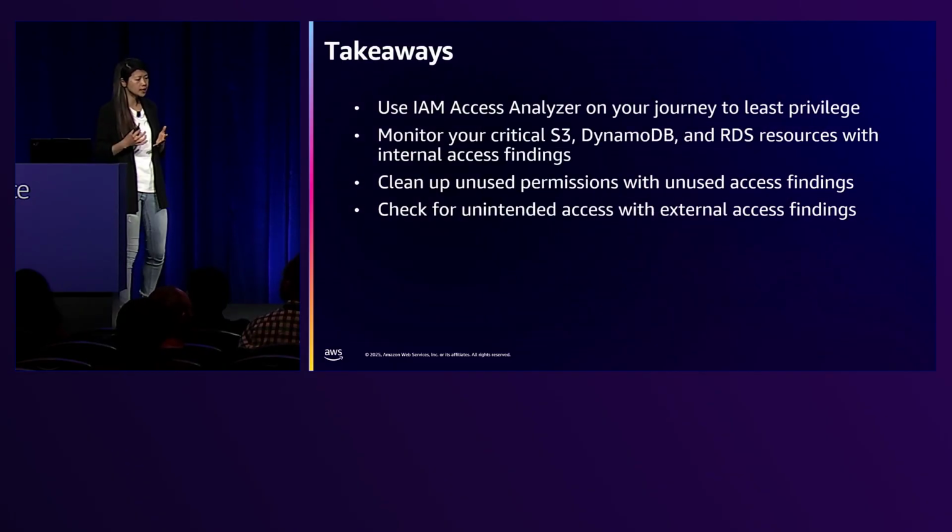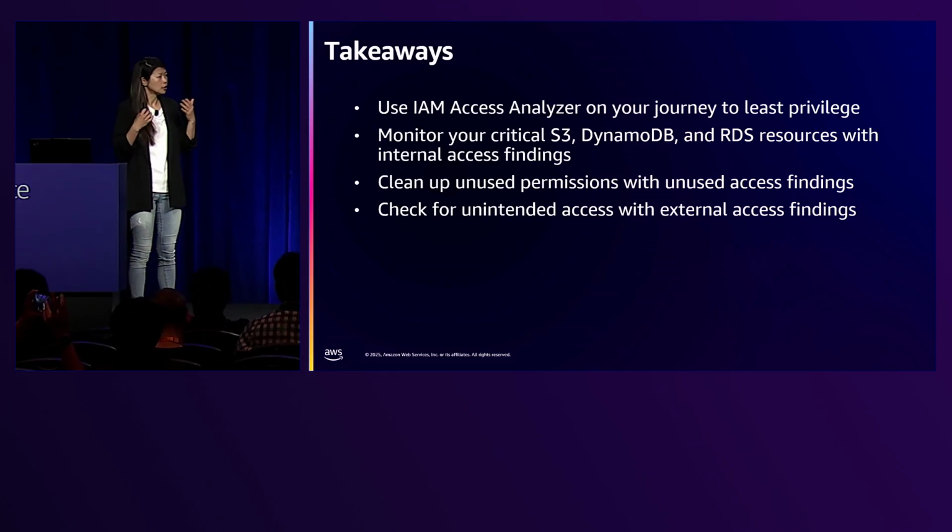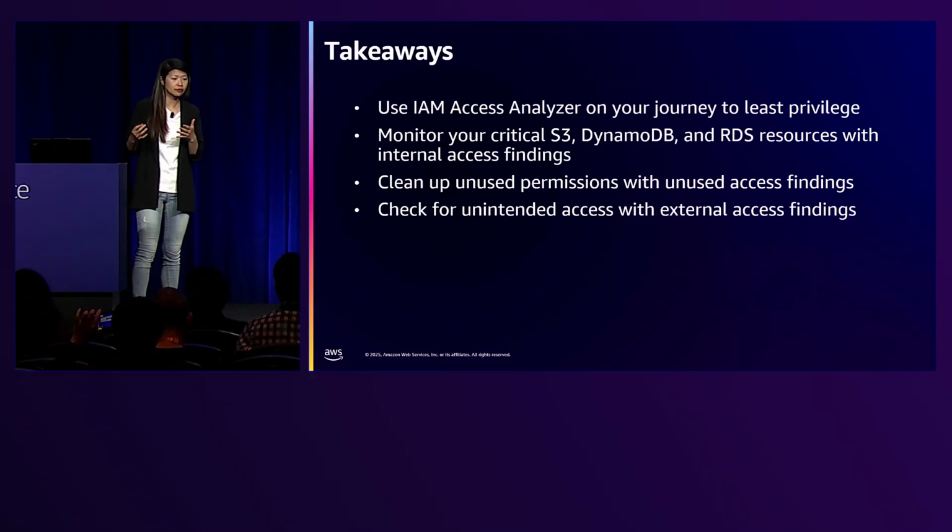So takeaways for today: IAM Access Analyzer has a number of features, all to help you on your journey to least privilege. Today we talked about the new internal access findings. Many customers have critical data in these 3 services: DynamoDB, S3, and RDS.